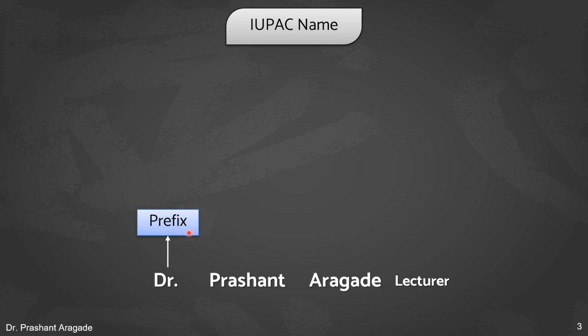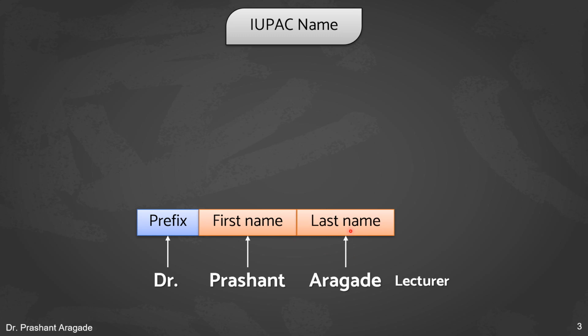So always consider IUPAC name is somewhat equivalent to your name. For example, this is my name along with my designation or educational qualification. So first word is considered as prefix, then followed by the first name, last name that is surname, and your designation that is suffix.